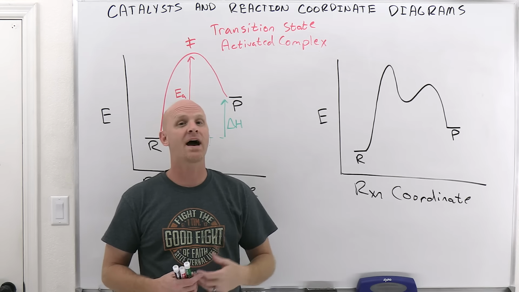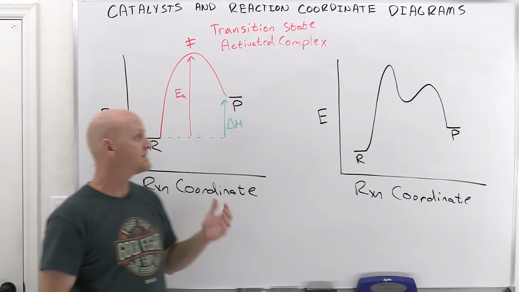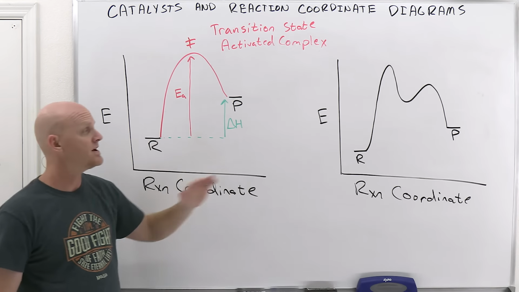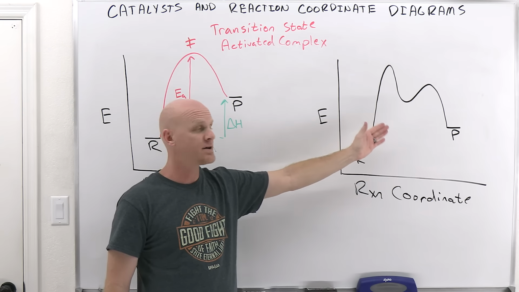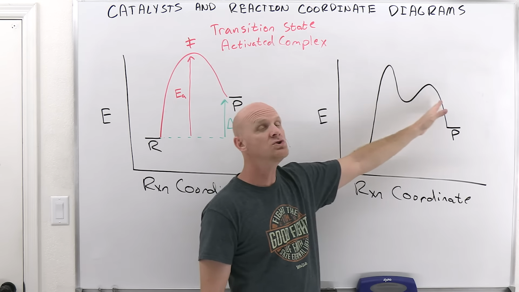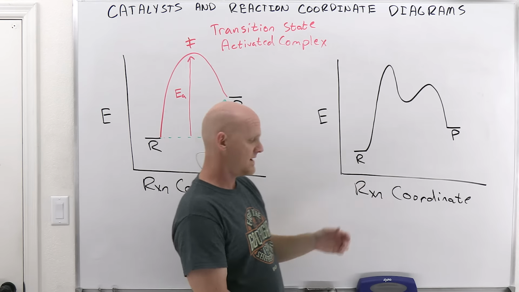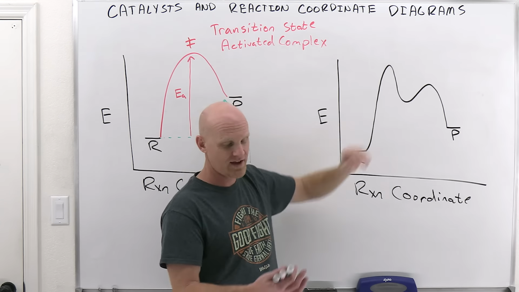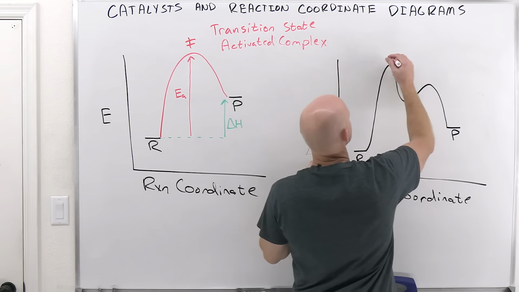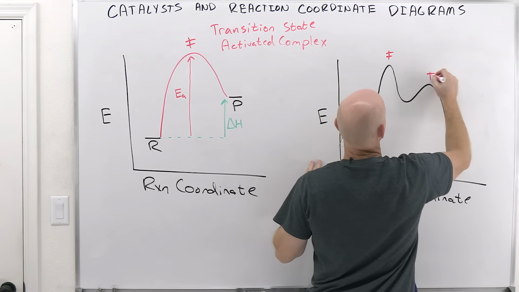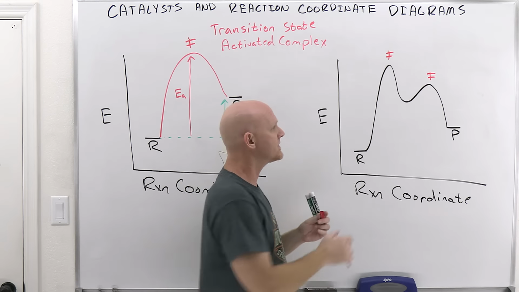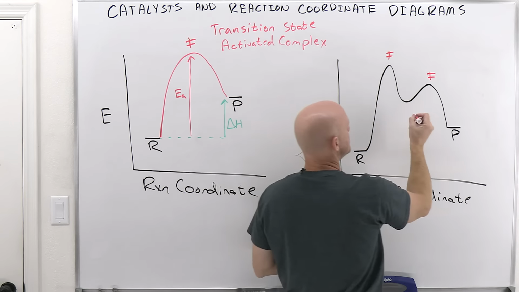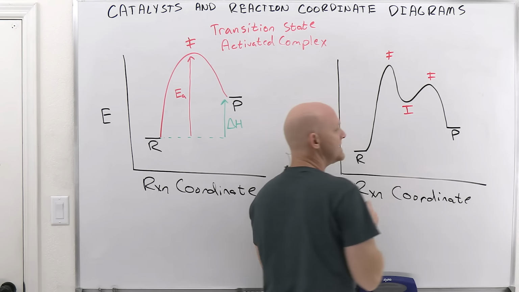And that would be indicative of having two steps in the reaction. So the first would be an example of an elementary reaction. And this was definitely not an elementary reaction, because it can be broken up into two steps, not just one. And so when you've got more than one step here, then you're going to have more than one transition state. But you're also going to have this local minimum in the middle, and that is an intermediate.